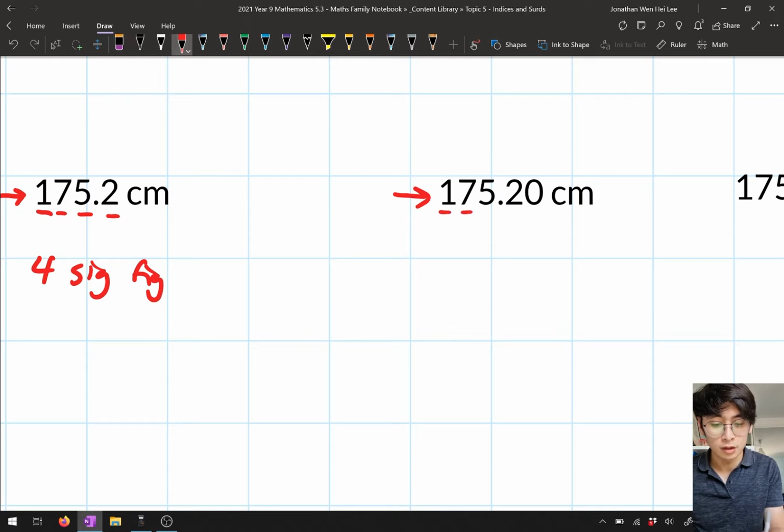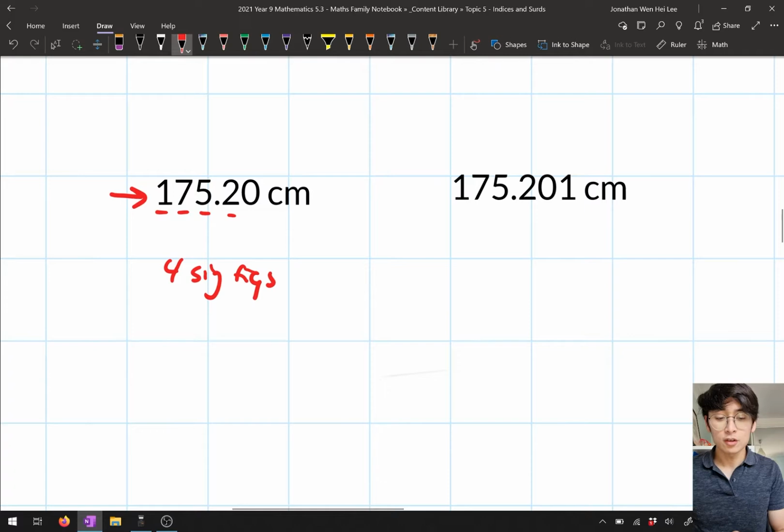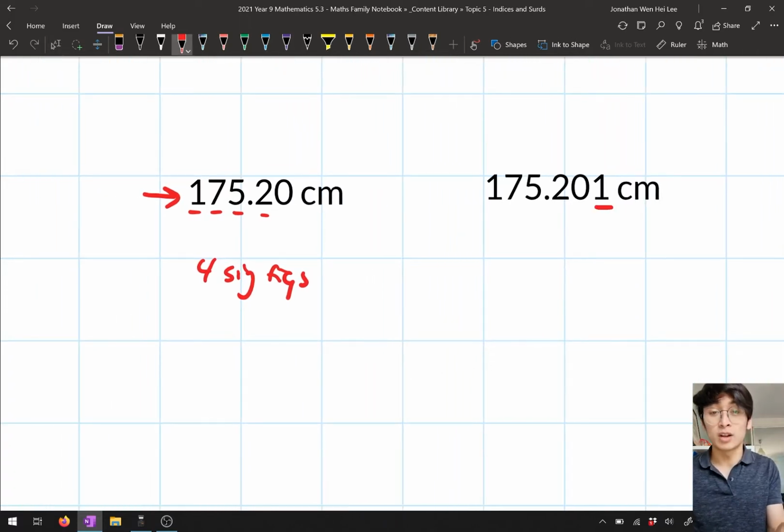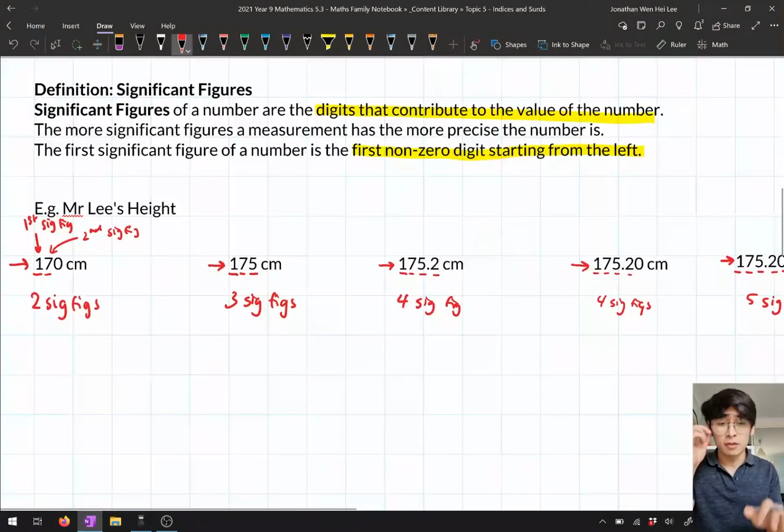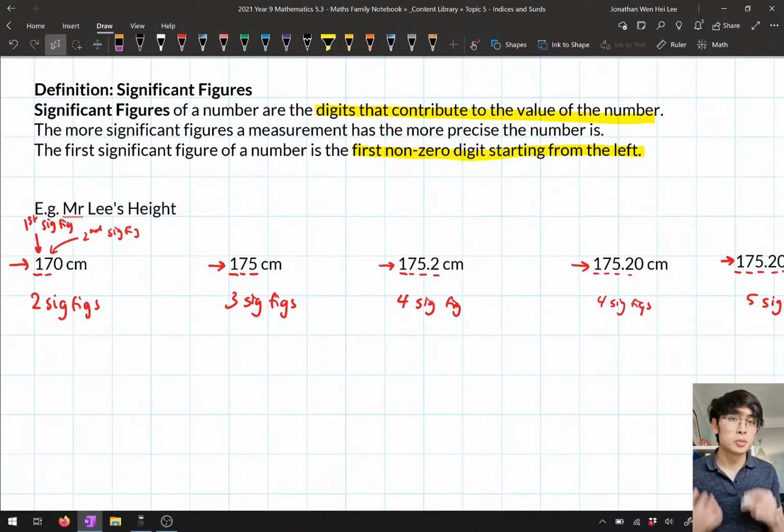But here, 1, 2, 3, 4, 4 significant figures. And the last one, here I've actually got this 1 at the end as well. So what this tells me is I need to include all of those numbers. So 1, 2, 3, 4, 5. So this is 5 significant figures. So significant figures is just starting from the left, going to the right, how many digits contribute to the value of a measurement.